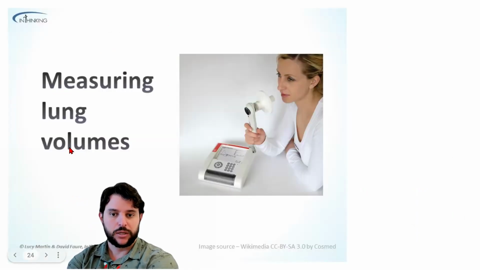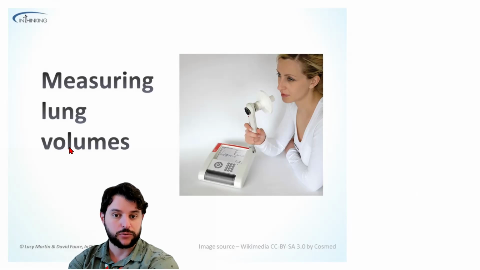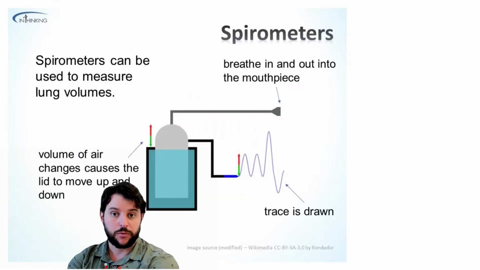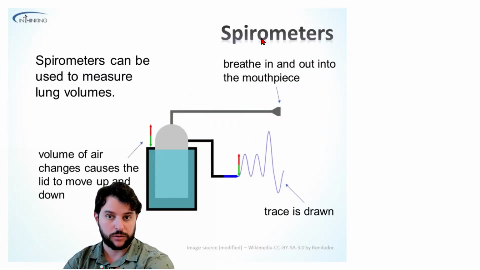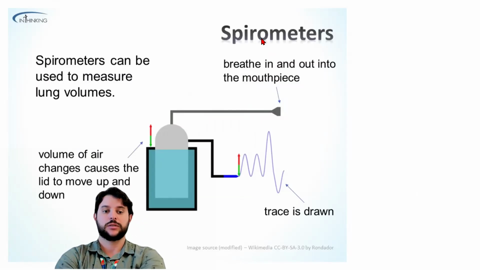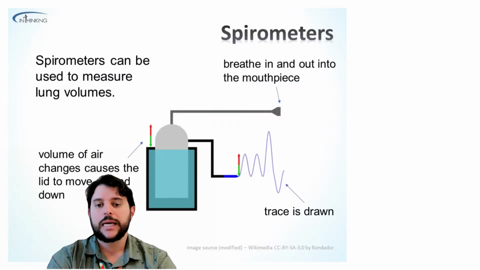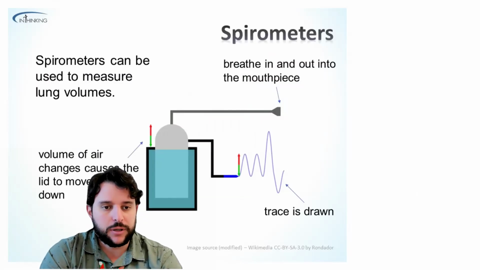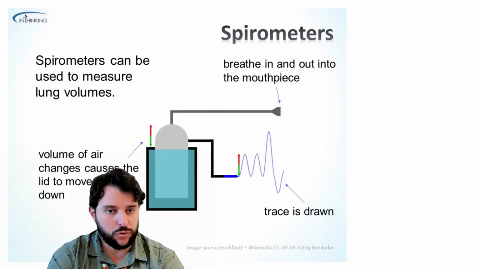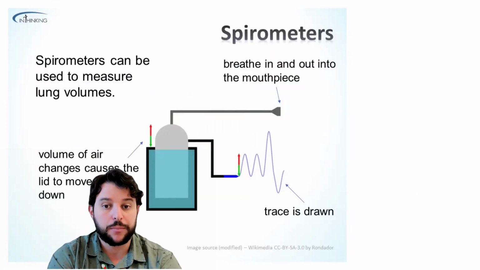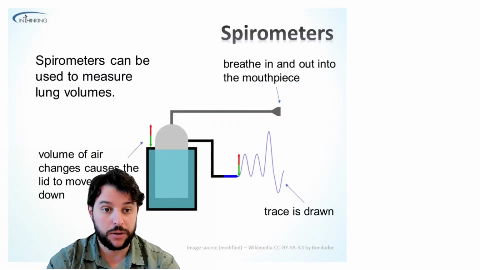We can measure lung volumes by a series of tools. The most common ones are the spirometers. These are devices that can definitely be covered in IB papers, so paper 1, paper 2, paper 1B, and some questions might be asked about it.